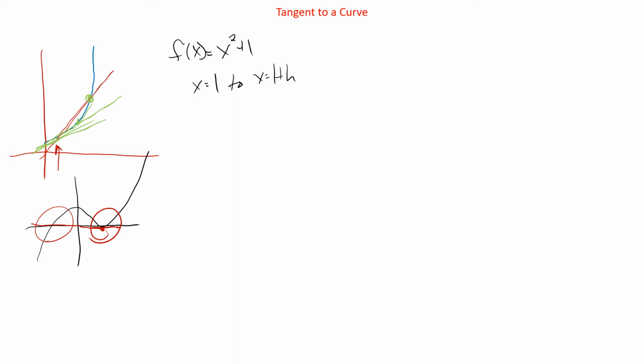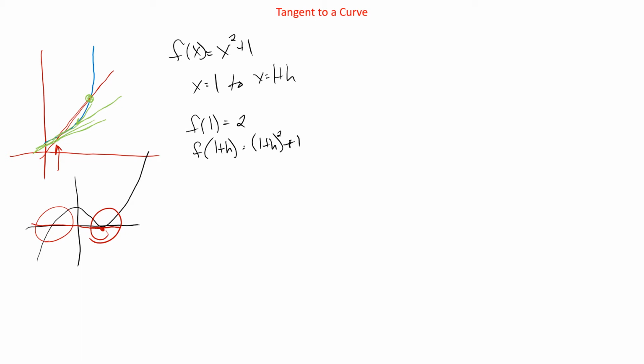The first thing we need to do is figure out what the y values are. So we know f of 1 is going to be 1 squared plus 1, which is 2. And then f of 1 plus h is going to be 1 plus h squared plus 1. We'll be working that out in just a second.